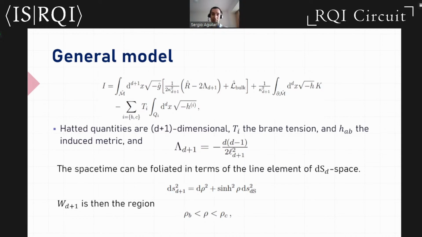This is just Einstein gravity. We consider that, from the higher dimensional point of view, there is a negative cosmological constant, and we have some pairs of end of the world branes with some given tension that determines the location of the branes. There are two main cases that we consider in this paper.